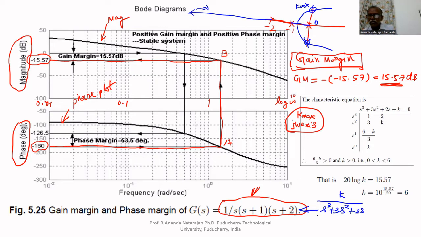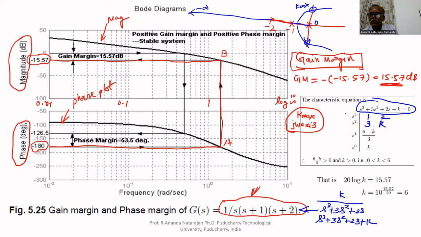Therefore, the characteristic polynomial is s cube plus 3s square plus 2s plus k. For that, if we form the Routh array, the coefficient of s cube is 1, of s square is 3, of s is 2, and the constant term is k.